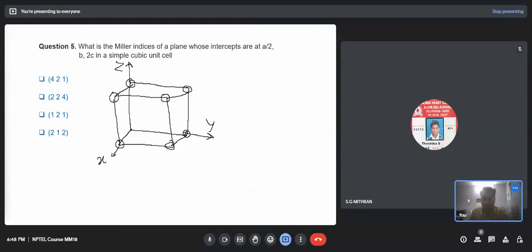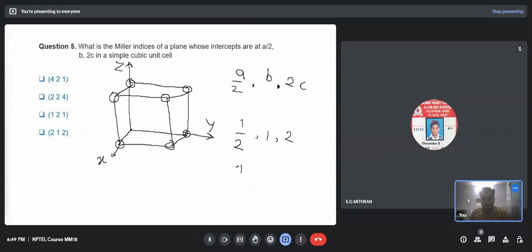Here the intercepts are a by 2, b, and 2c. We'll take the reciprocal of these intercepts. So we'll forget about the values a, b, c. 1 by 2, 1, and 2, numerical values we take for reciprocal.